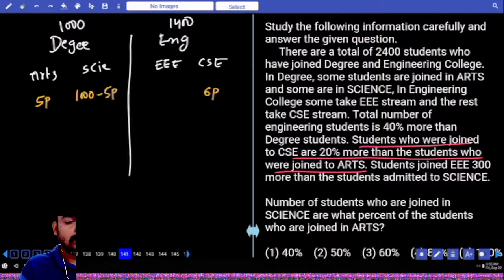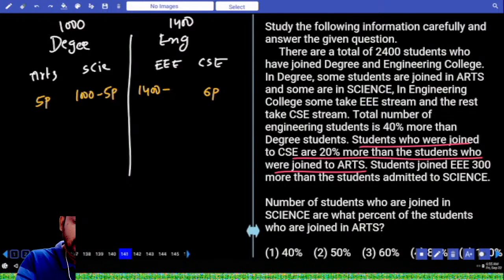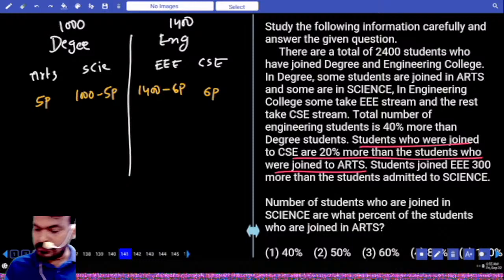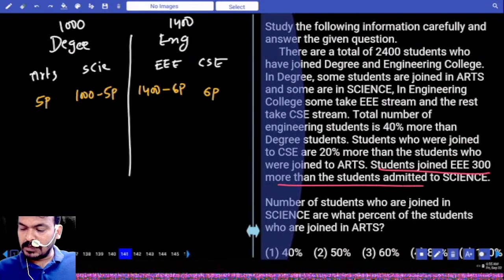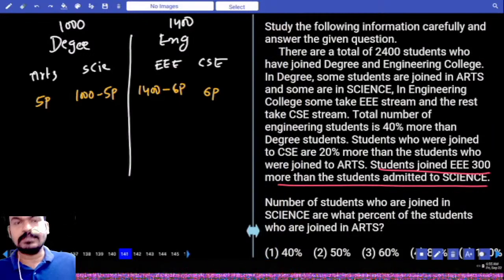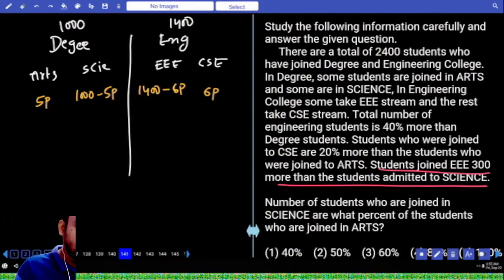In engineering, out of 1,400, CSE is 6 parts, so EEE is 1,400 minus 6 parts. What is the next line? Students who joined in EEE are 300 more than those admitted in science.